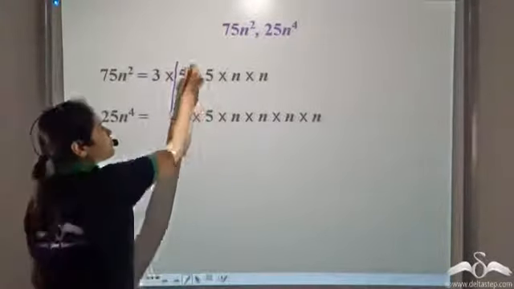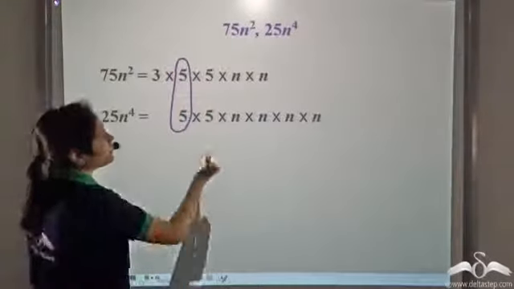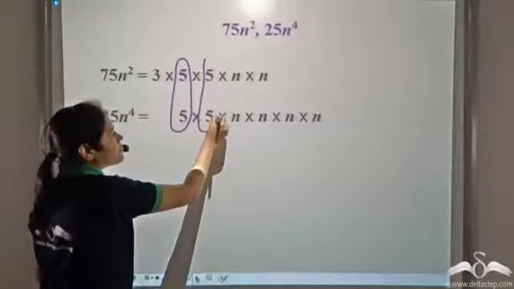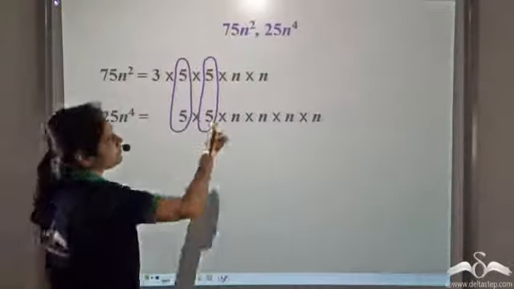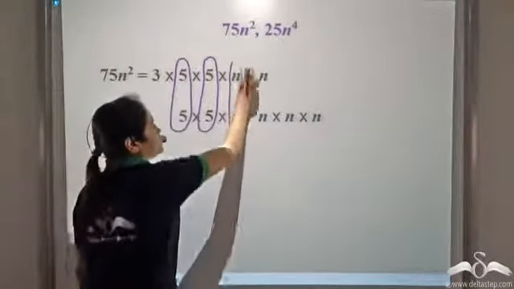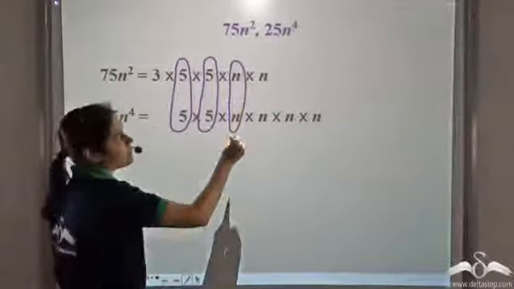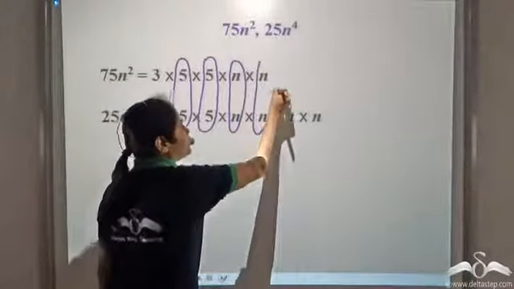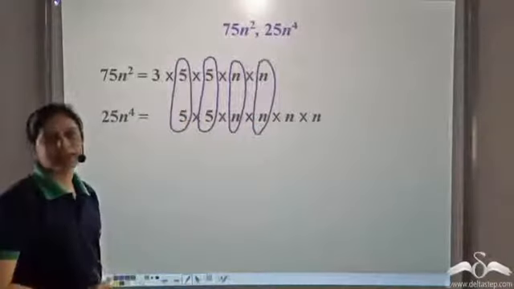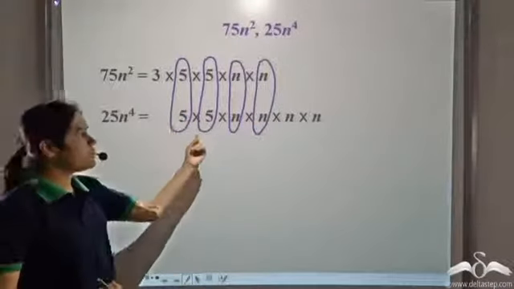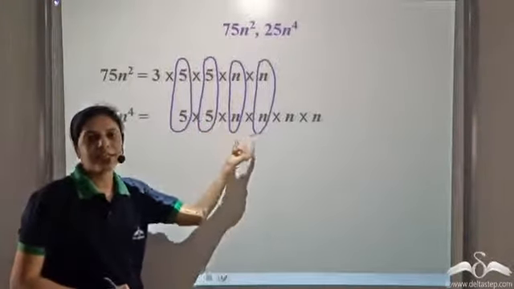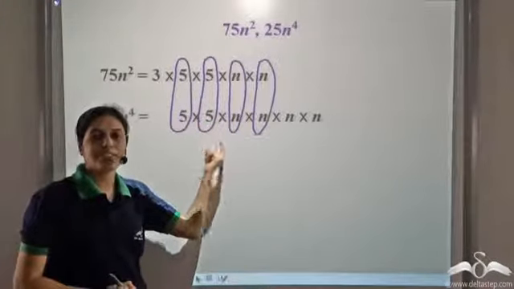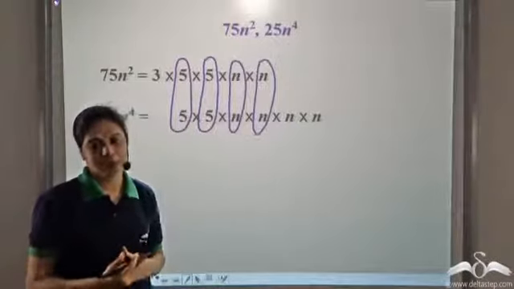So 5 is common. Now 5 appears a second time in both. n appears in both. And n appears a second time in both. So not only what are the factors which are common, that is not only 5 and n, we have to also consider how many times it is occurring.